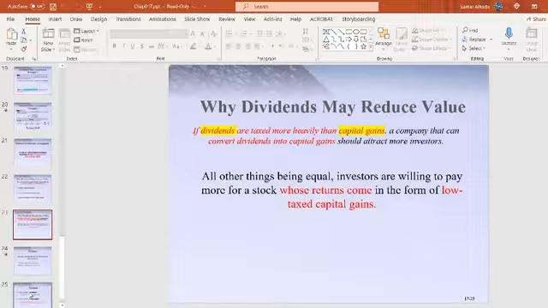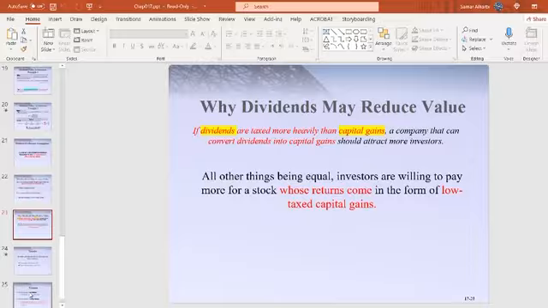Let's give another example. If you bought the shares at $10 and you sell it at $25, in this case, you make a profit of $15 and you will pay tax on this profit. But the tax on the capital gain will be less than the tax on the dividends. In most countries, the tax on dividends is higher than on capital gains. Now, if this is the case, as an investor, I may prefer capital gains, right? I don't like dividends. I see receiving dividends as a bad thing because they are going to tax me at a higher rate.